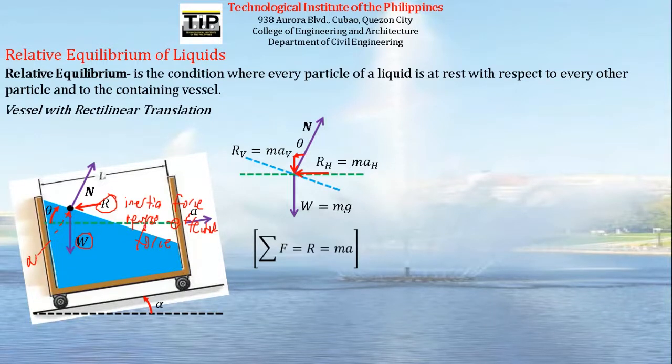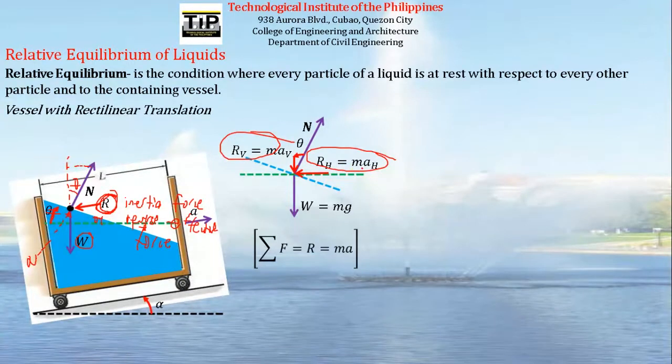So this is theta, this is also theta, this is also theta, also theta. So we can reduce the inertia force into two components. It's a horizontal component and vertical component.